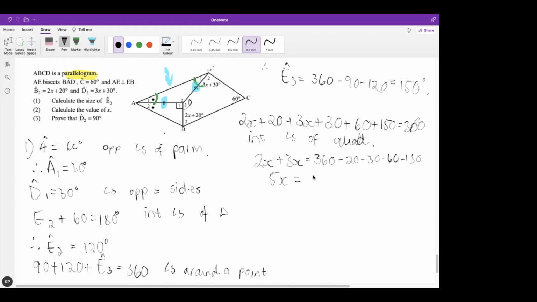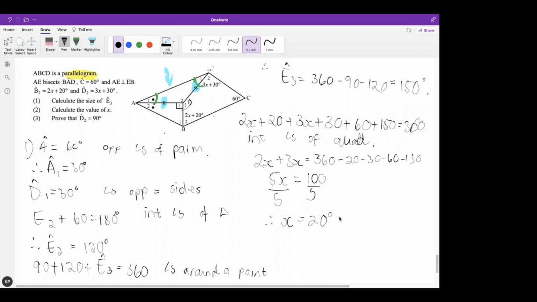And then you would say 100 divided by 5 and 5X divided by 5, which therefore means that X equals 20. Beautifully done. Gorgeous. I love it.